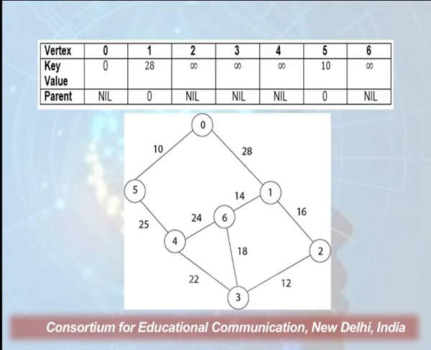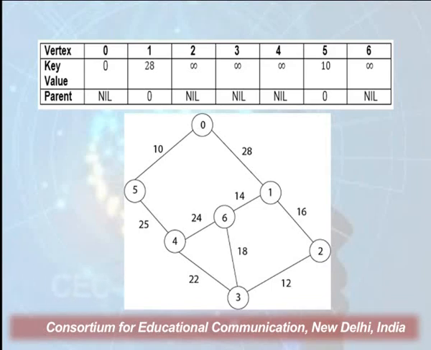So the key has been updated, and now you can see in the figure that for the given graph we have updated the parent value of 1, which has become vertex 0. We have also updated the parent value of 5, which is again 0. The key value, which was infinite for both vertices initially, has now become 28 and 10 for 1 and 5 respectively.